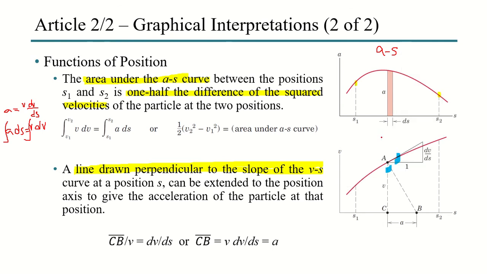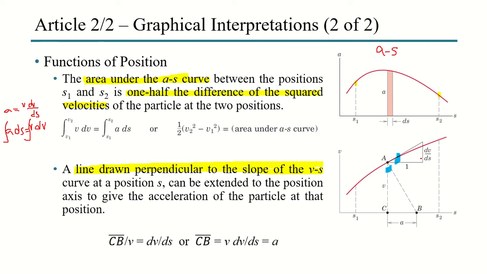All right, now from the concept of similar triangles, we have here the line segment CB. This line segment here from C to B, so we have here CB. The bar above means line segment, so the line segment CB divided by this height of this triangle, or the leg of this triangle, which is v, is equal to, using the principle of similar triangles, class, dv over ds.